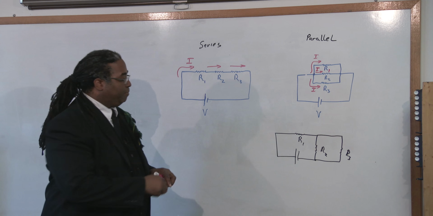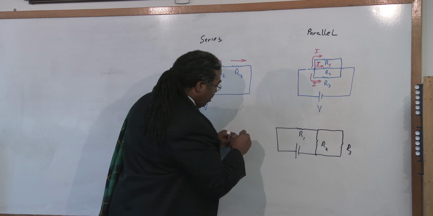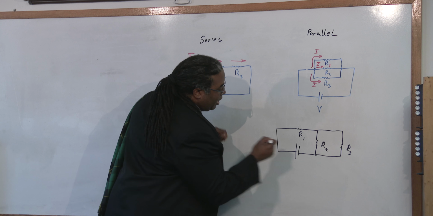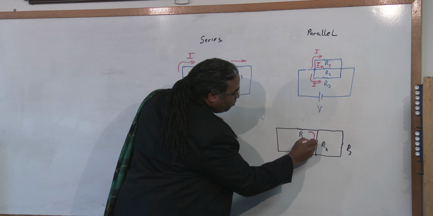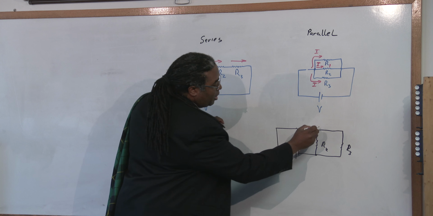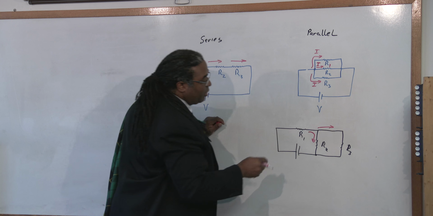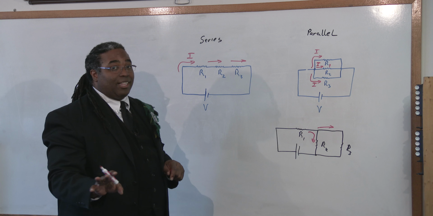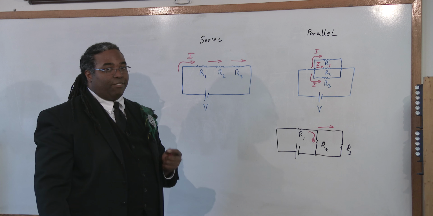And let me show you. If the current flows through the circuit, the current could go through resistor 1. It could continue on to go through resistor 3. So the first condition is met. The current has options in which direction it can flow.